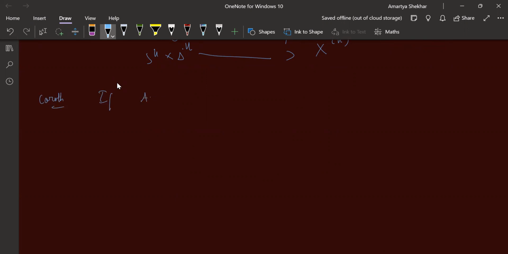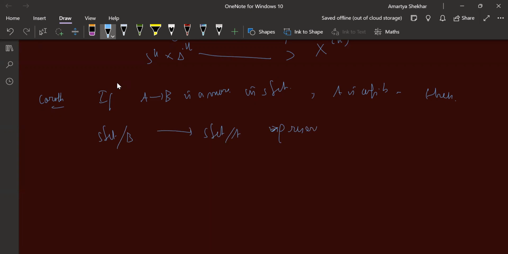If you take a morphism in simplicial sets, and A is cofibrant, then this functor on slice categories preserves cofibrations.